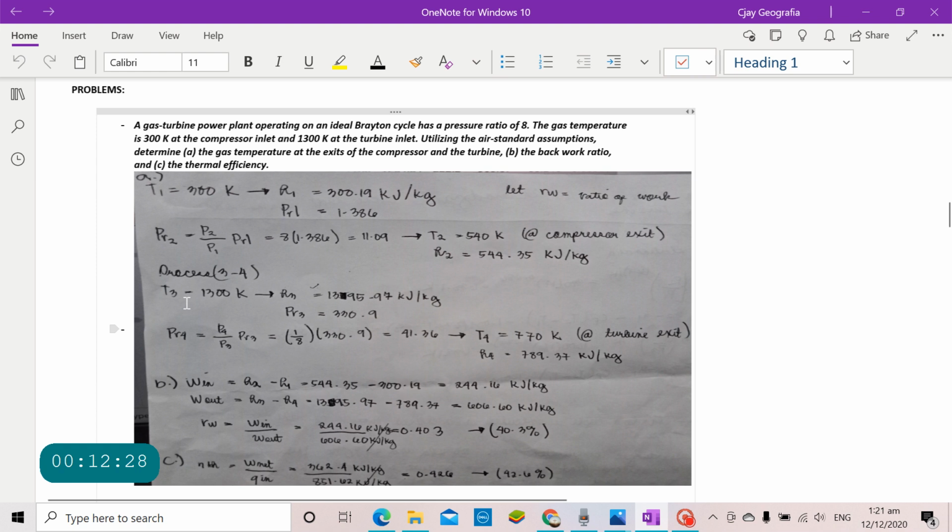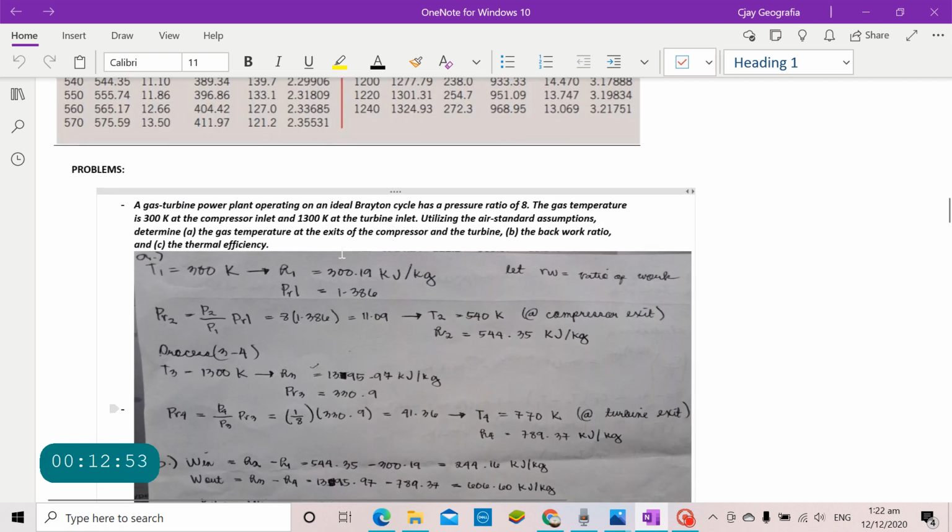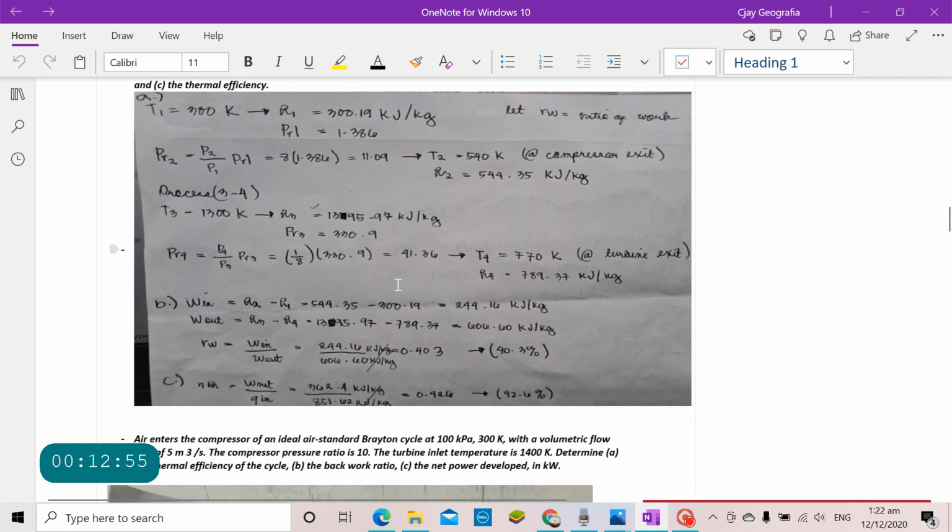So T3 is 1300 Kelvin, and the value of H3 is equal to 1395.97 kJ/kg, and PR3 is equal to 330.9. So this is our first question, the gas temperature at the compressor and the turbine exits.